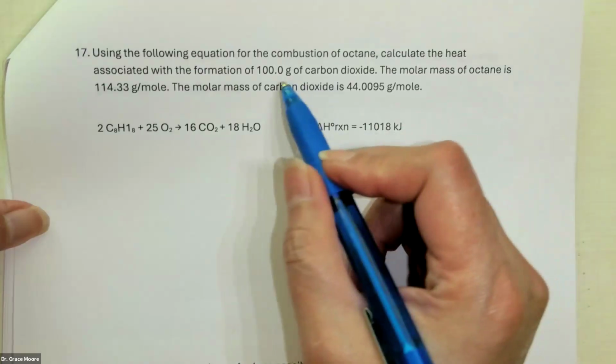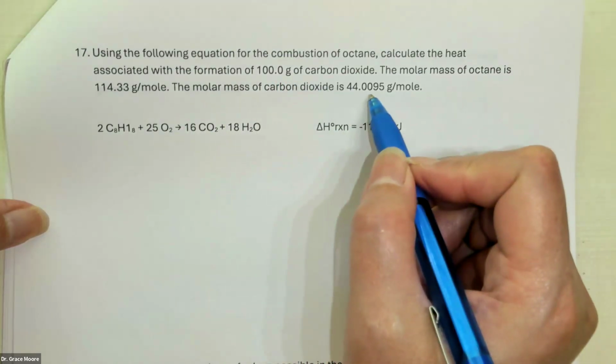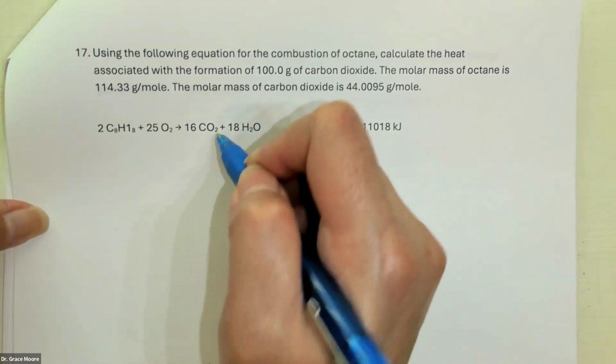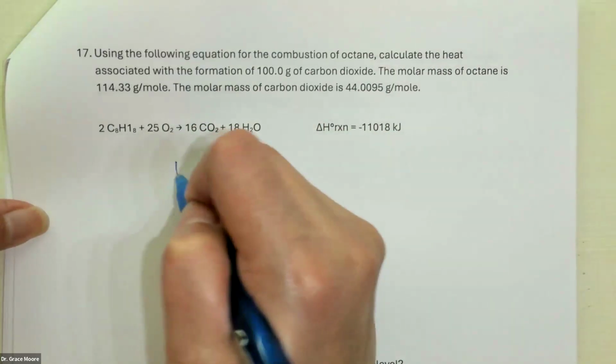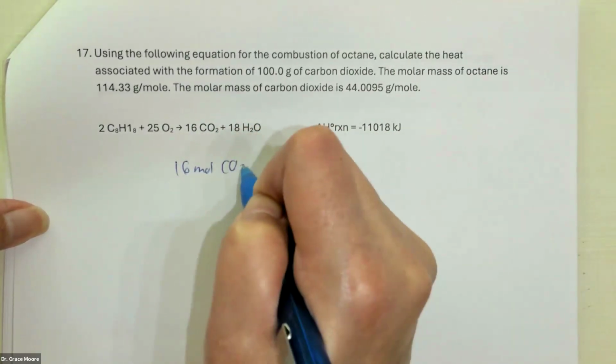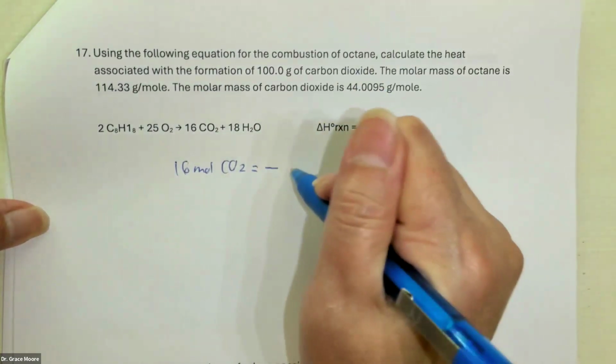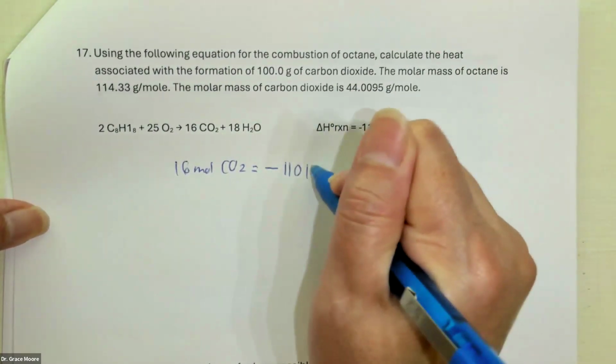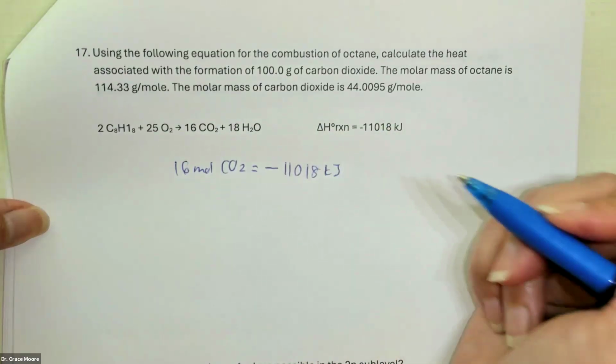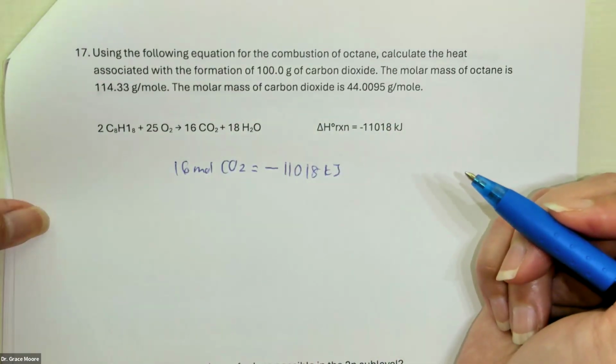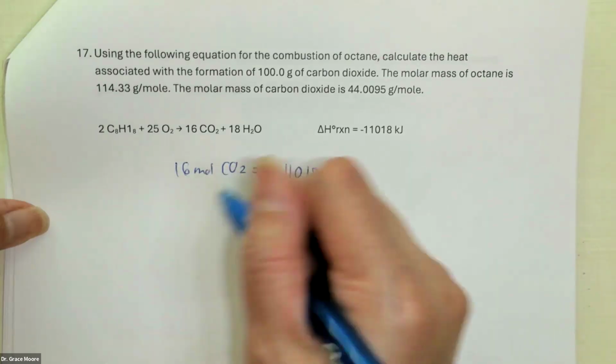So you just want to get grams and then use the molar mass to get moles of CO2. And then you know from this equation, 16 moles of CO2 gives off negative 11018 kilojoules of heat. So that's where you start, and then you find out how many moles.